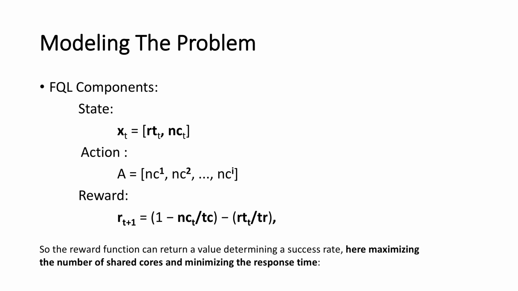RT is the response time of the application at that moment, and TR is the target response time. So it's obvious that if the high QoS VM controller shares its cores as much as possible while keeping the response time as far below as possible from the target response time, it will receive more reward. If the reward is close to zero, this implies that the action is not effective, and a negative reward is considered as punishment for the learning agent.